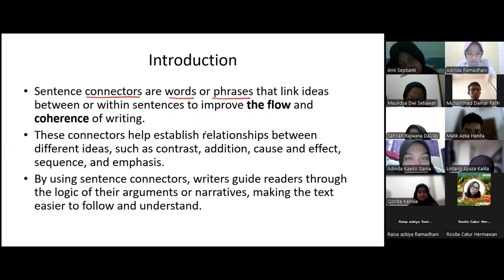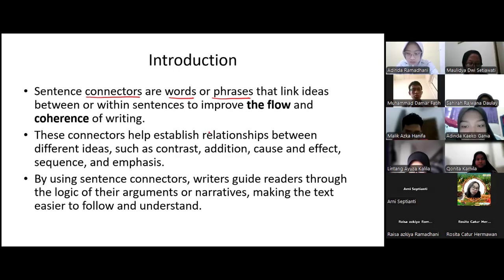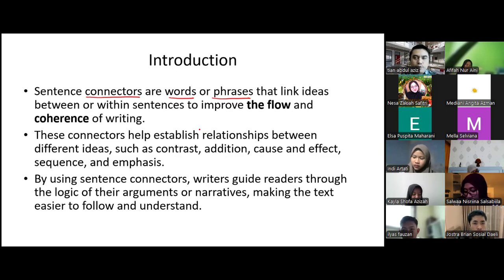If you take an English test, for example, IELTS or TOEFL, there is a writing test. So it is important for you to use connectors, and it will be graded according to the use of connectors. If you use connectors correctly, the assessor will give you a higher mark.